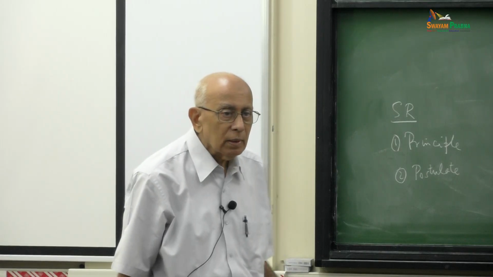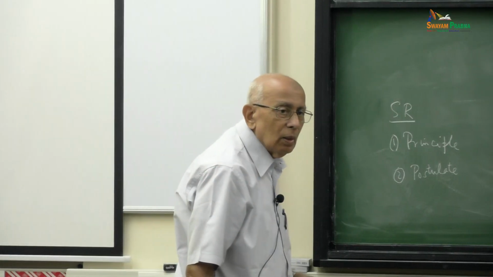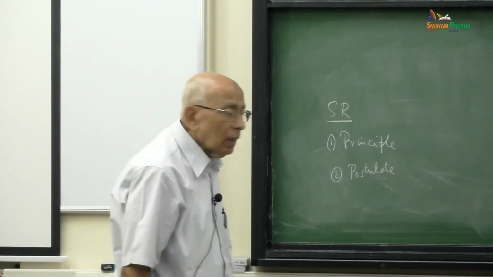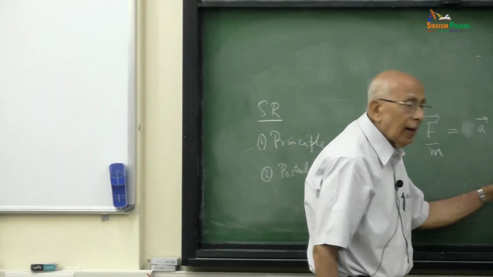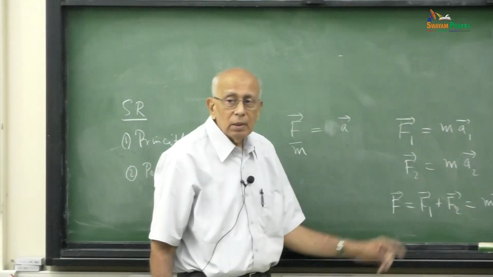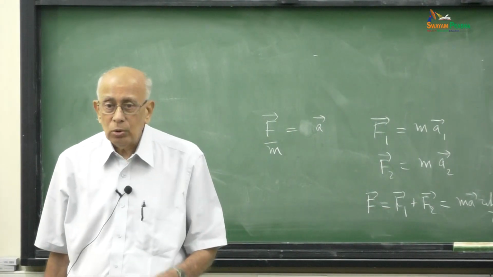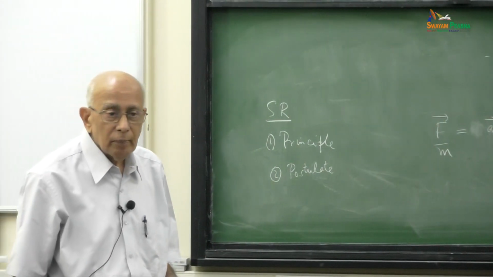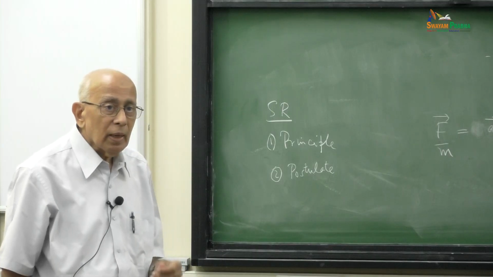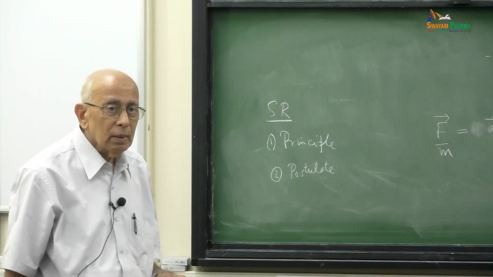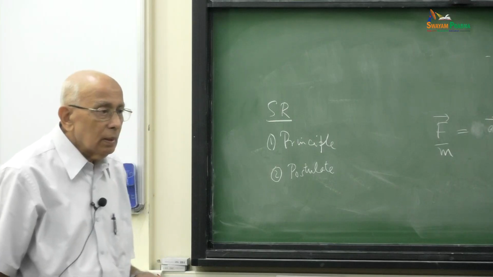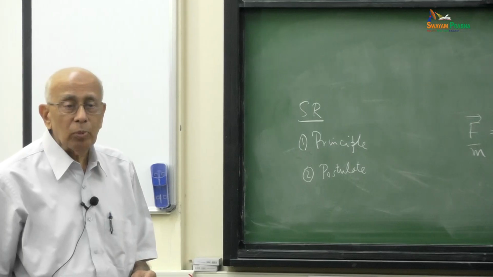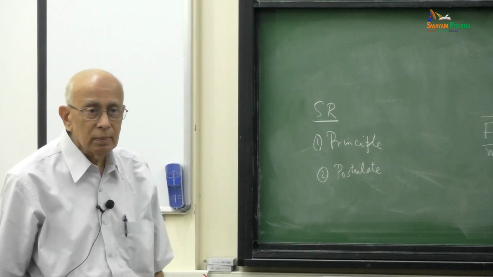Why is that possible? What property of the equation is making this possible? If I superpose these two forces, the accelerations get superposed. So the response is a superposition of the individual responses to the individual forces. What sort of equation will have that property? Suppose the response acceleration had been proportional to the exponential of the force.